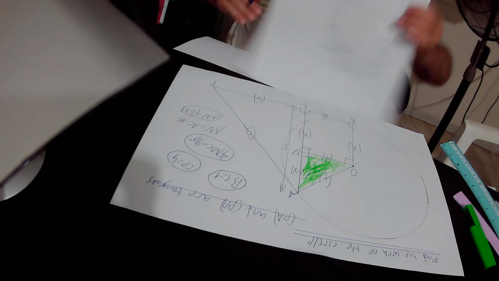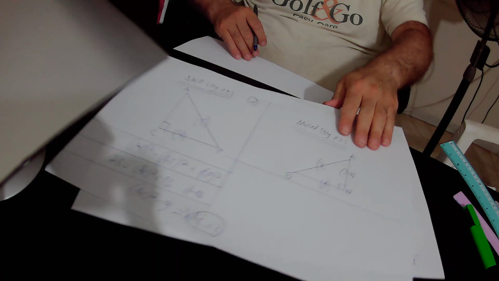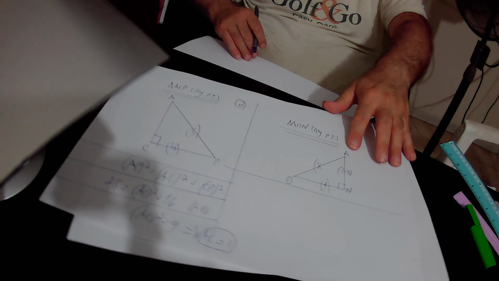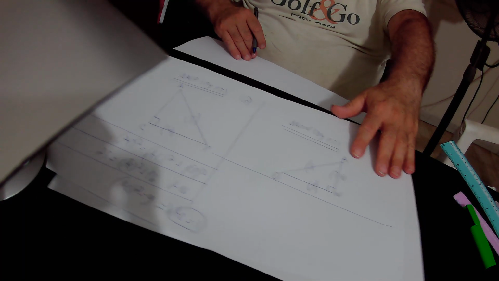So actually, this is the right green triangle, triangle AON, that I go to the original drawing according to the Pythagoras theorem.